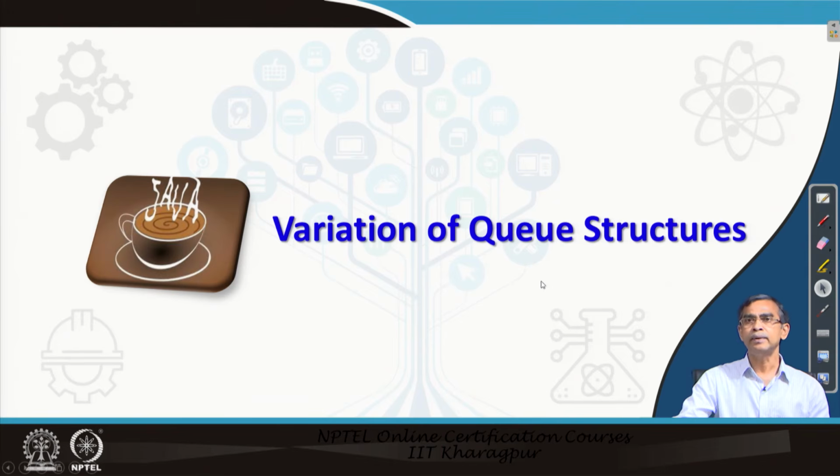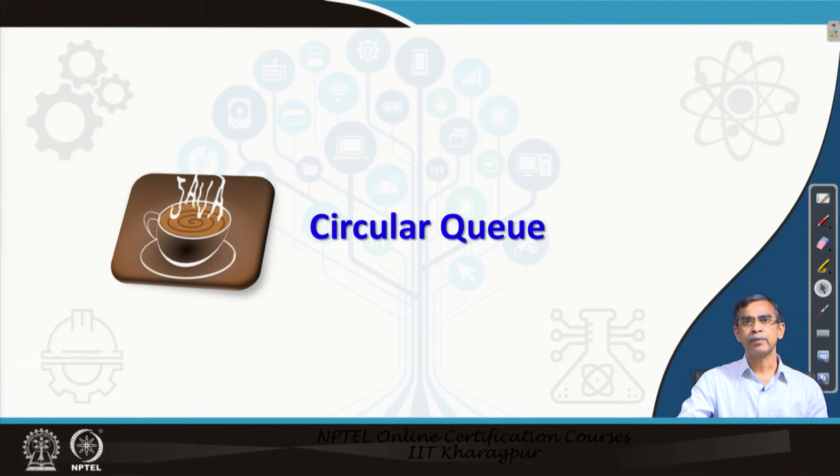Now, there are many variations of queue structures, used for different applications. We will discuss the different varieties of queues. Let us first discuss the circular queue. You probably know the circular linked list.